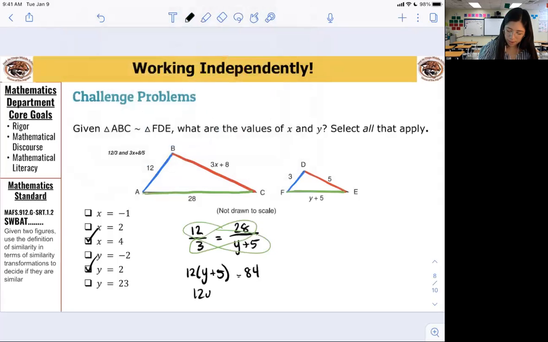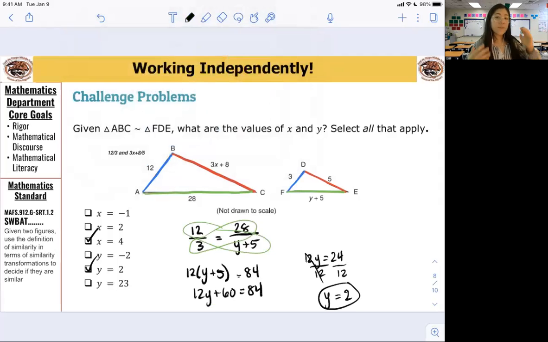So I get 12y plus 60 equals 84. What's 84 minus 60? 24. So I have 12y equals 24. Divide both sides by 12. Y equals 2.